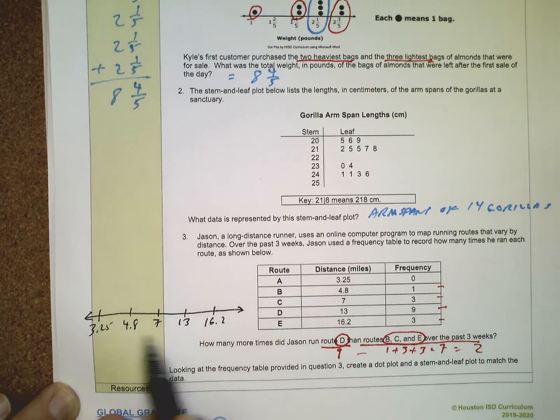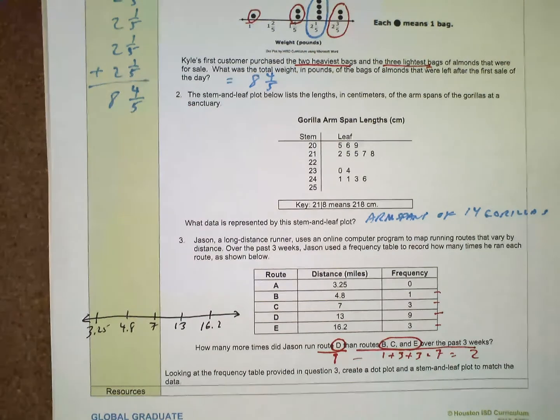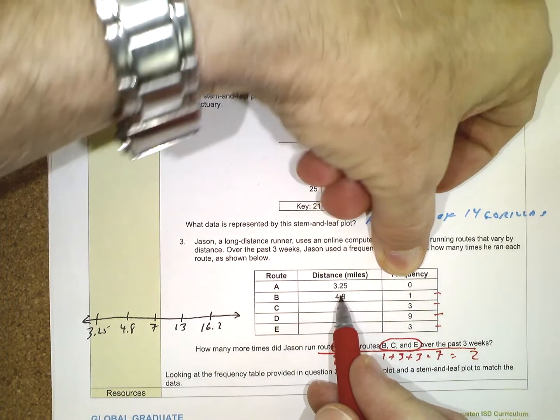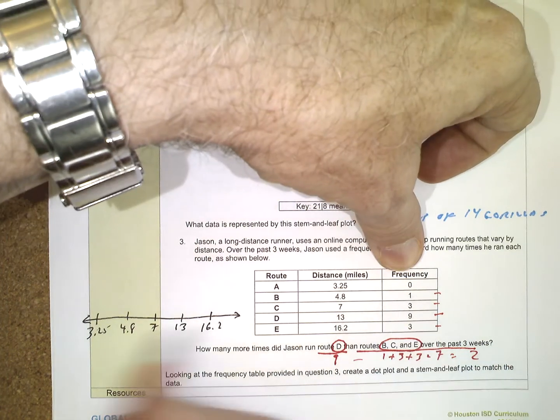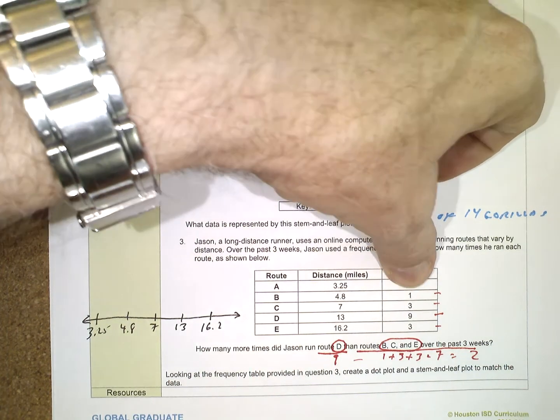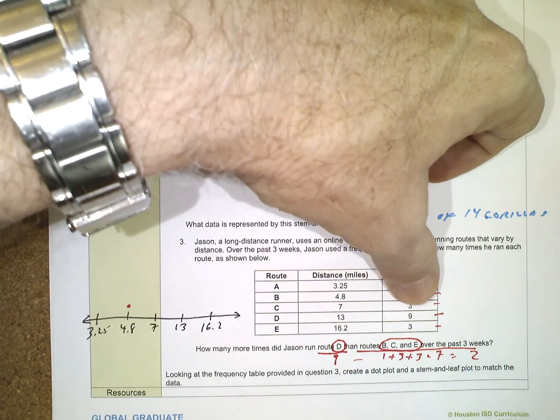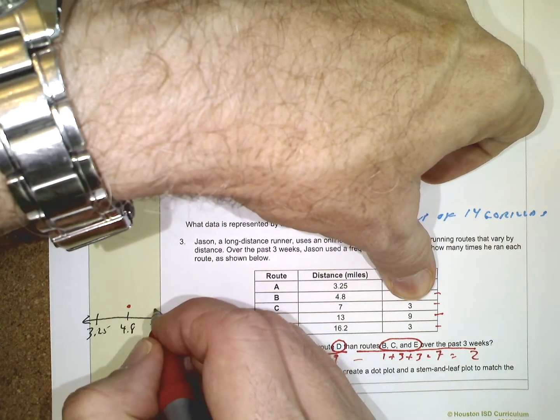Now, normally when I do a number line like this, I like to have it evenly spaced out, but they don't really give us enough room to do that. So we'll just do it this way. All right, now we look at each one. Okay, 3 and 25 hundredths distance, 0 frequency, so we don't need to put anything there. B is 4 and 8/10. There was 1. C is 7 miles. He did it 3 times.